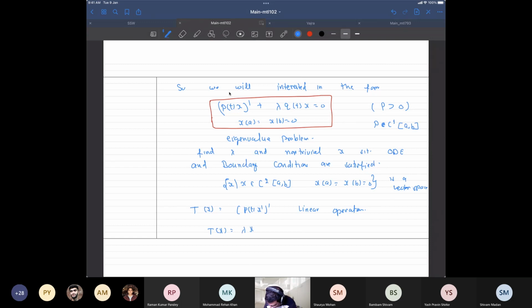Okay, and then this will be basically saying that (p x')' is equal to lambda x. Q has to be taken care of, so this is another function q. So this is (p(t) x')', and then you have to take care of this q. So you want this to be equal to lambda q(t) x, and this is combined together.